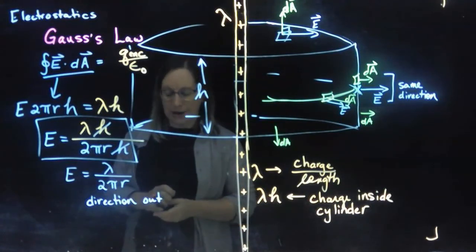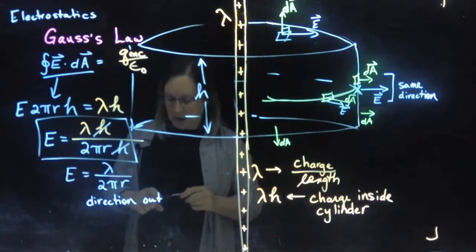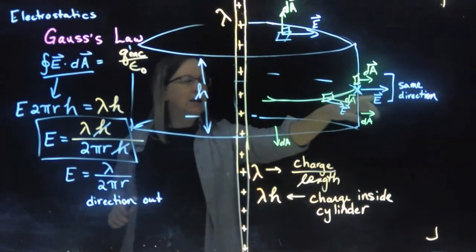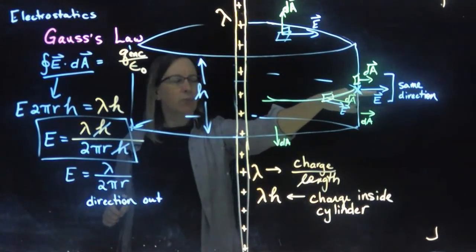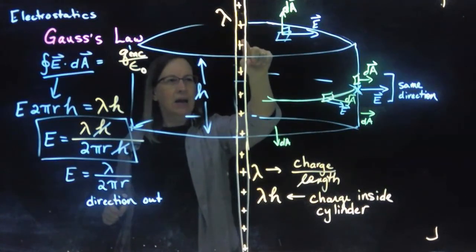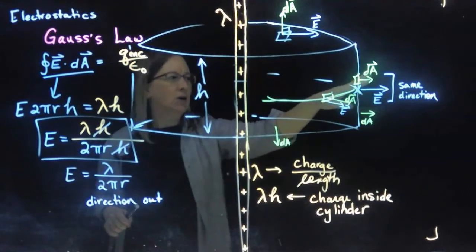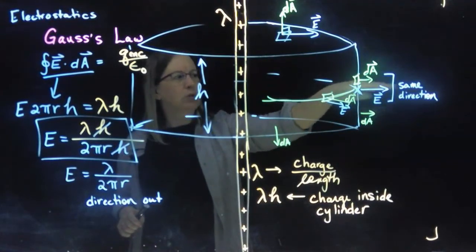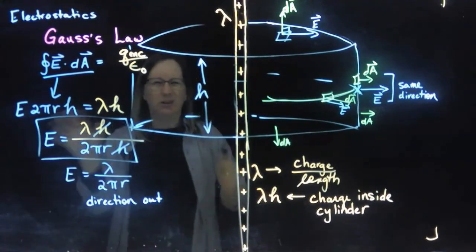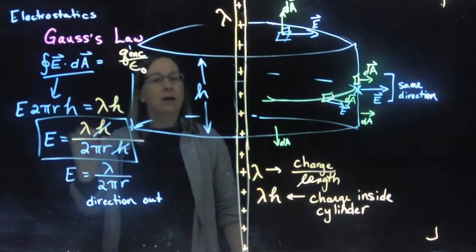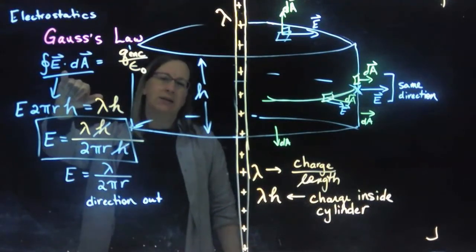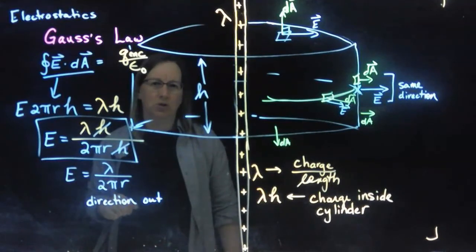Now, why did I need it to be really, really long? That had to do with what we did at the beginning, to say that my electric field points in this direction because any charge up here was balanced by another charge down here, so that the electric fields would cancel out and go that way. So that's the symmetry picture. What that lets you know is that this is only useful for a couple of situations.